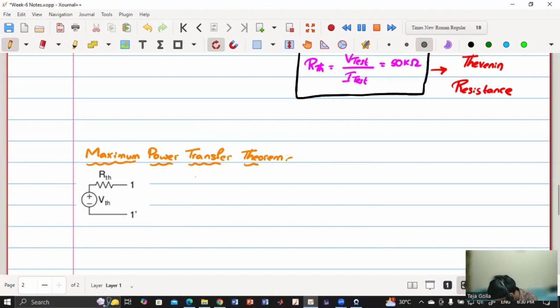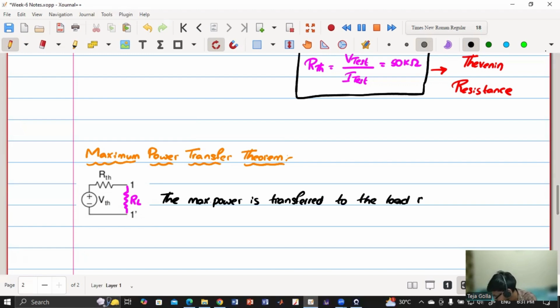In a scenario like a Thevenin equivalent circuit, if there is a load resistor connected here, then the maximum power is transferred to the load resistor RL when RL is equal to R Thevenin.